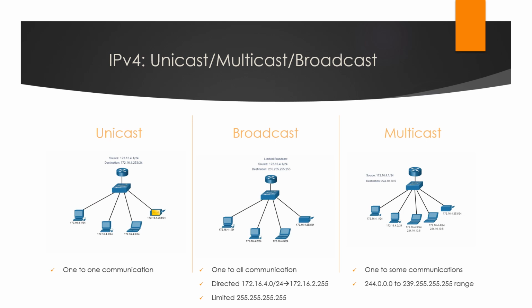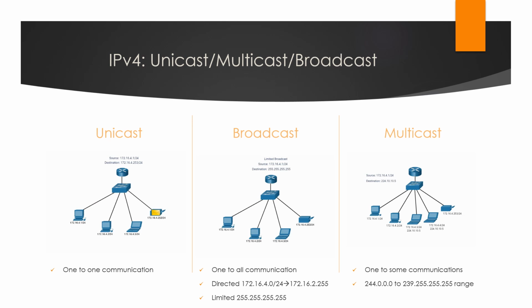A broadcast may be directed or limited. A directed broadcast is sent to all hosts on a specific network. For example, we have the host 172.16.4.1 that is on the network 172.16.4.0/24, and it sends a broadcast packet to 172.16.4.255.